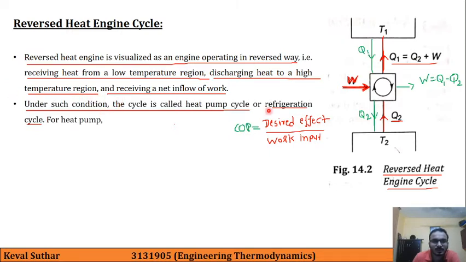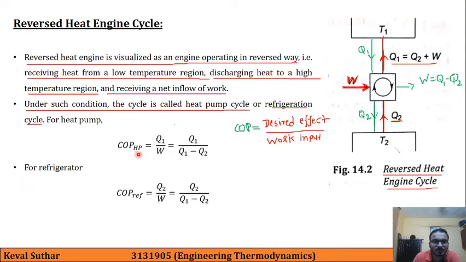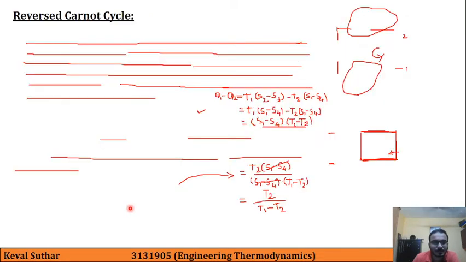This is known as the heat pump cycle or refrigeration cycle. We also studied the concept of heat pump and refrigeration, that is, the required effect is different in the case of a heat pump and a refrigerator.